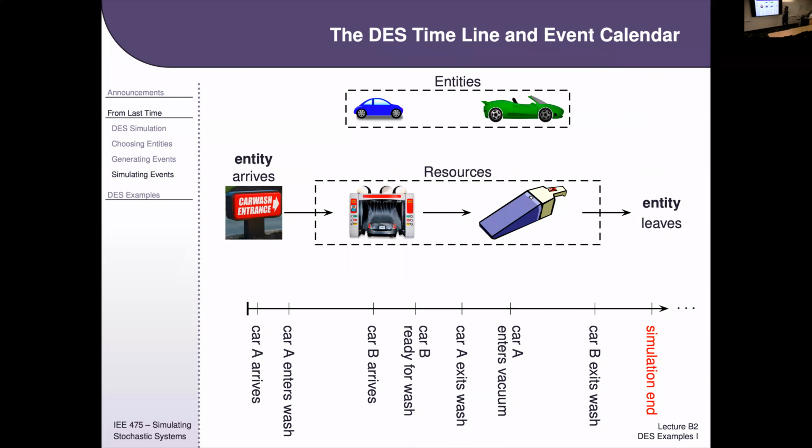Okay, so last time we did this example where I had a car wash and showed that if you have a way to draw inter-arrival durations and service durations, so there's the inter-arrival duration between the entities, a service duration getting through the car wash, a service duration getting through the vacuum, and there might be times, for example, getting from car wash entrance to car wash to vacuum, and maybe a time from vacuum to leaving.